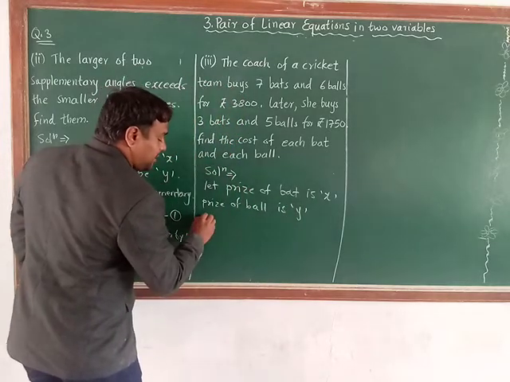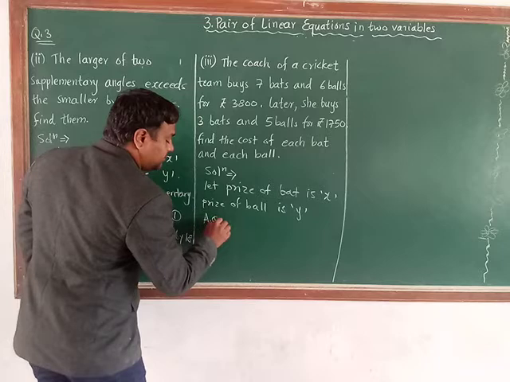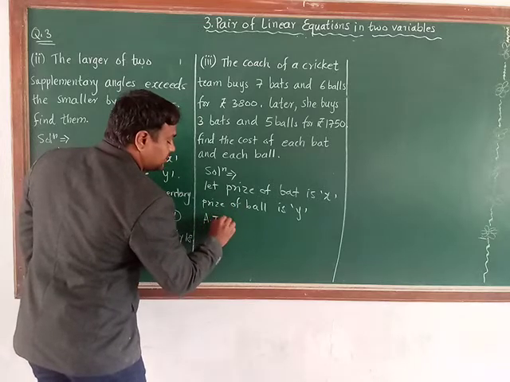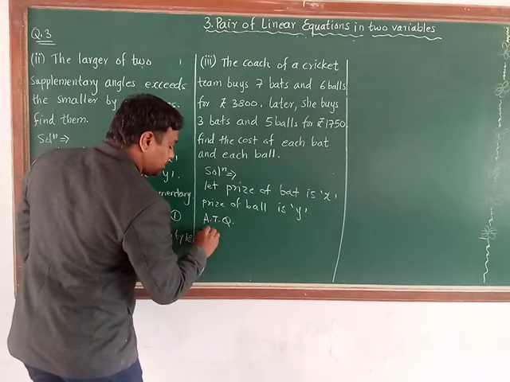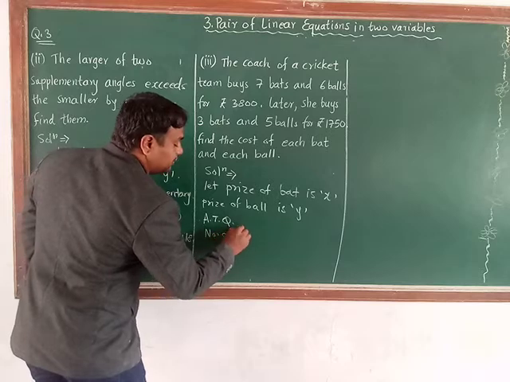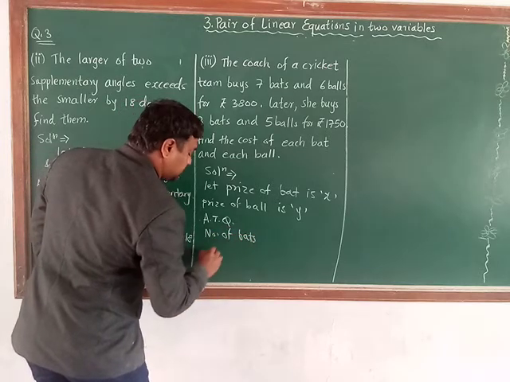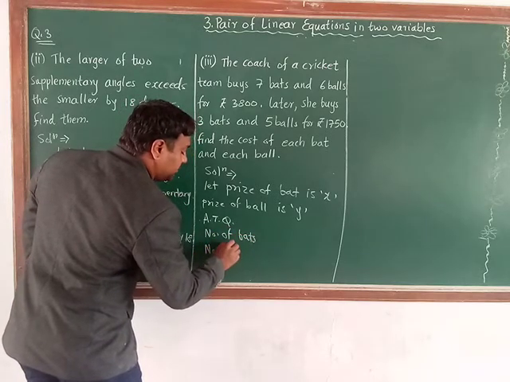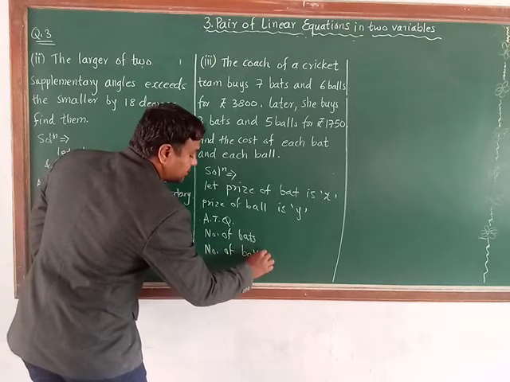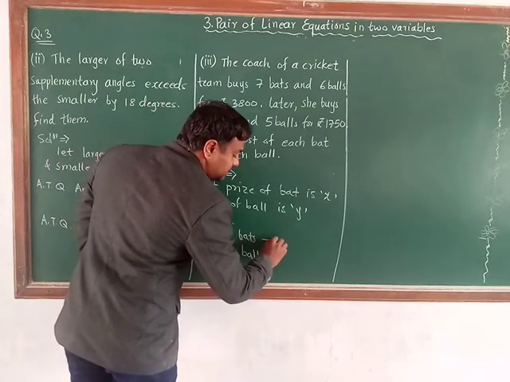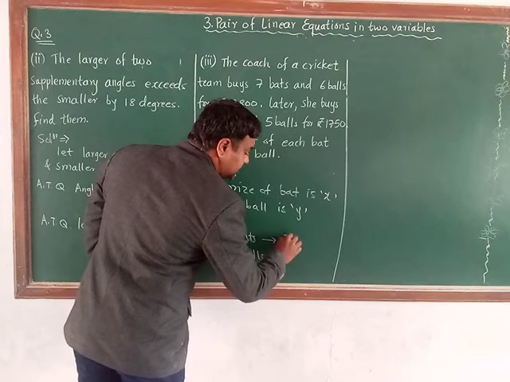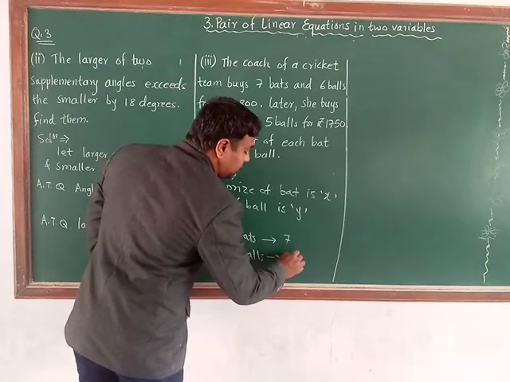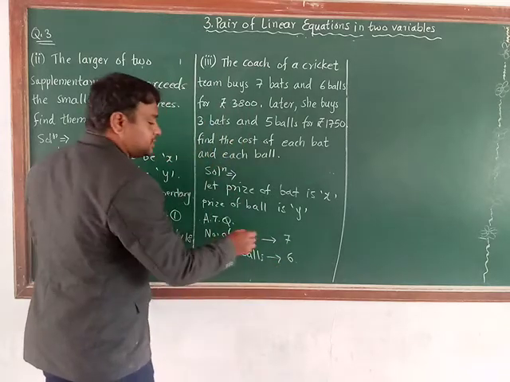As per the question, number of bats is 7 and number of balls is 6.